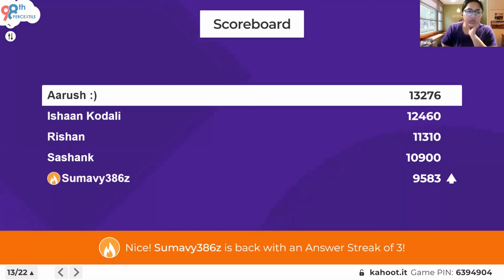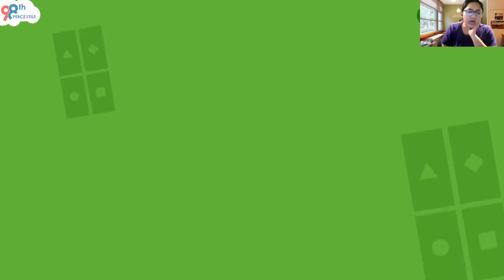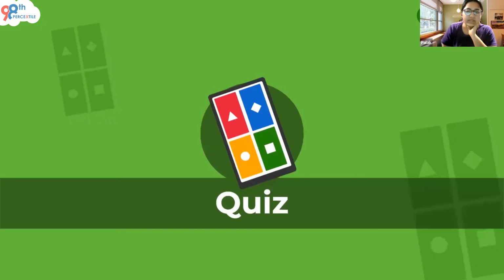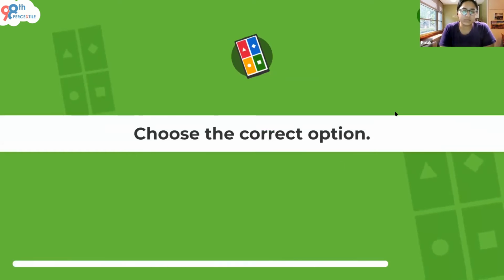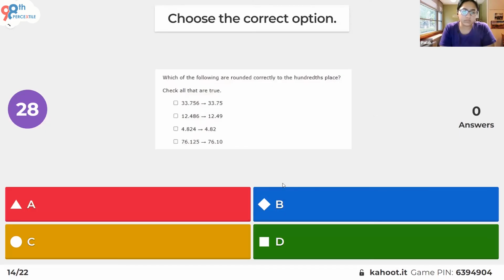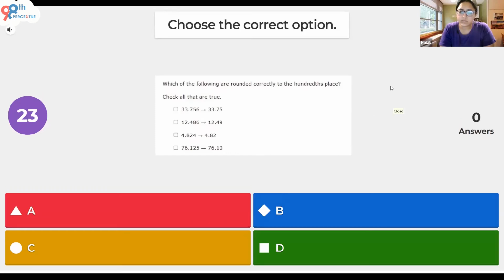Okay, so we have Arush moving up to the top 1 position and Sumavi386Z entering the top 5 scoreboard. Okay, it's a multi-select. Work it out accordingly. Which of the following are rounded correctly to the 100th place?